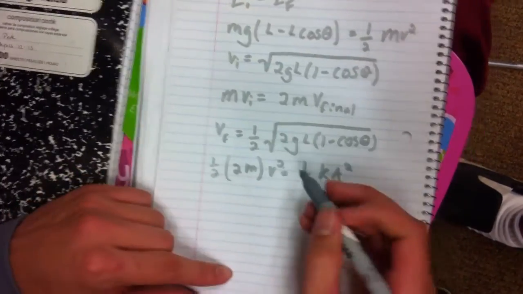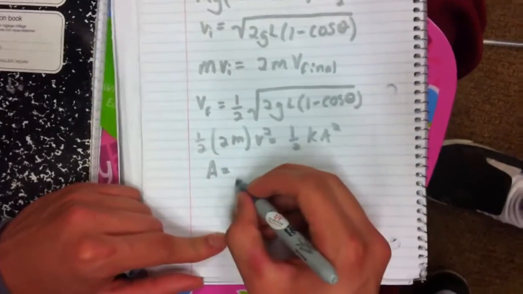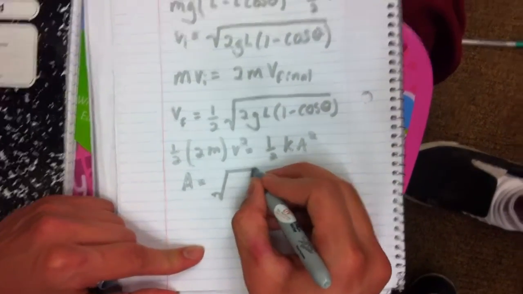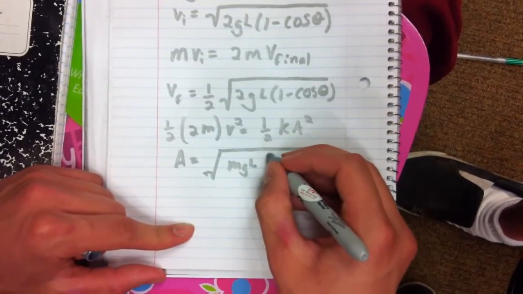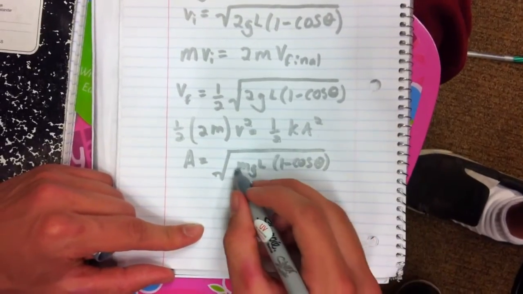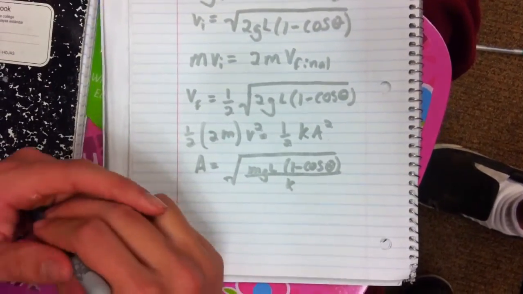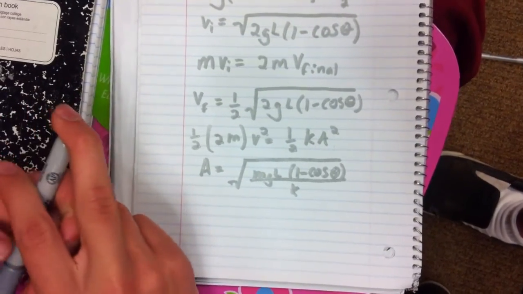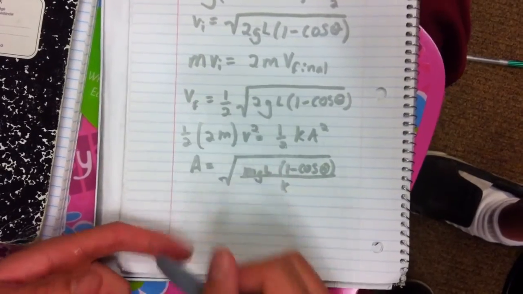And then, with a simple rearrangement, we get A equals the square root of mgL times 1 minus cosine of theta over k. And there we have it. That's the amplitude.